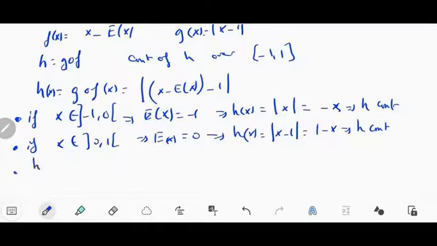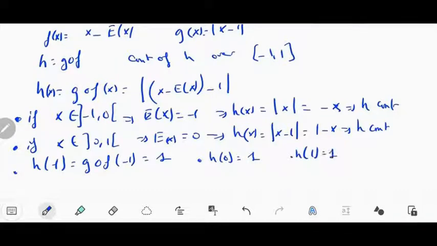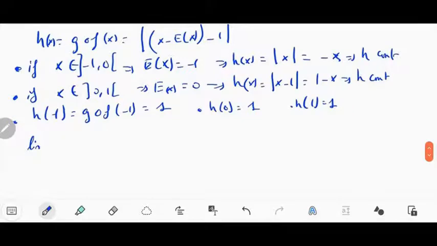Well, h of minus 1 is equal to g round f of minus 1, which is equal to 1. h of 0 is equal to 1. h of 1 is equal to 1 as well. So the limit when x tends to minus 1 plus of h of x is equal to the limit when x tends to minus 1 plus of absolute value of x, because this is the version of h of x when x is on the right of minus 1.